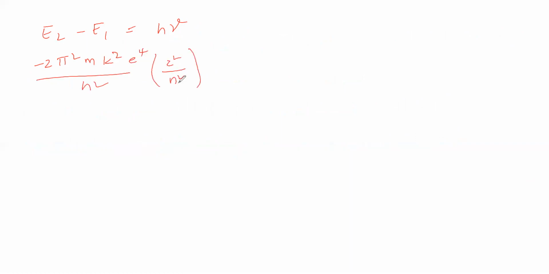Now, regarding Rydberg's formula, we derived E2 minus E1 is equal to h nu. This formula we have taken. E2 is equal to 2 pi square m Z square k square e power 4 by h square into Z square by n2 square. E1 is equal to minus 2 pi square m k square e power 4 by h square into Z square by n1 square, which is equal to hc by lambda.